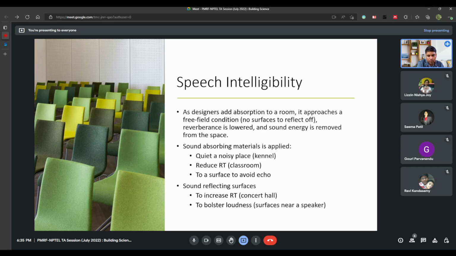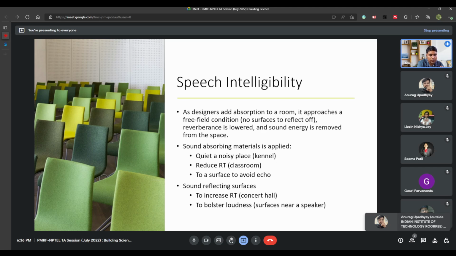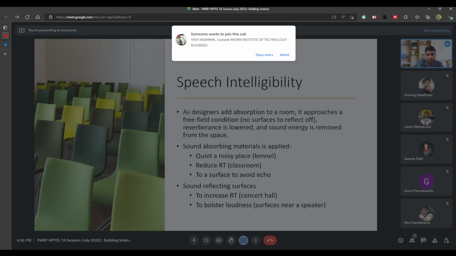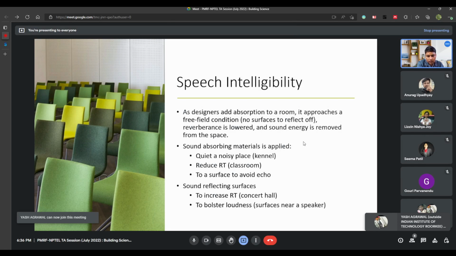And acoustics is not all about applying sound absorbing materials, because there are spaces where you have to elevate or accentuate the sound, and you use reflective materials also. For example, to create a very quiet place, you use sound absorbing materials.